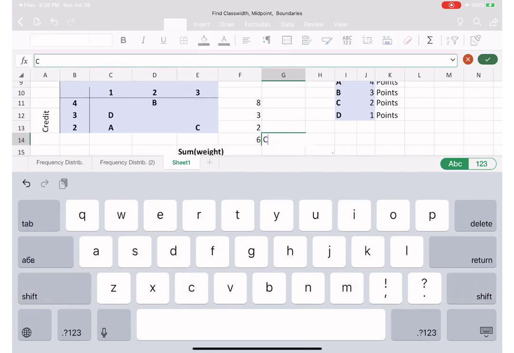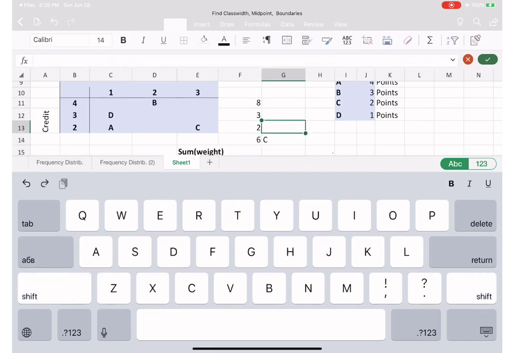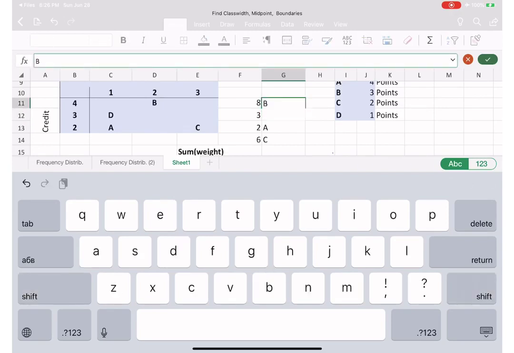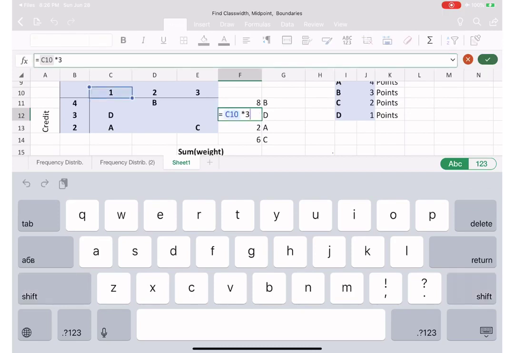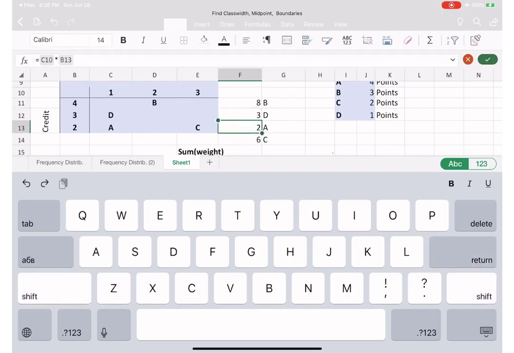This is for C. This was for A. This was for D. And this one was for B. Yes? Okay. Let me check this. Yes. Okay, we are good.